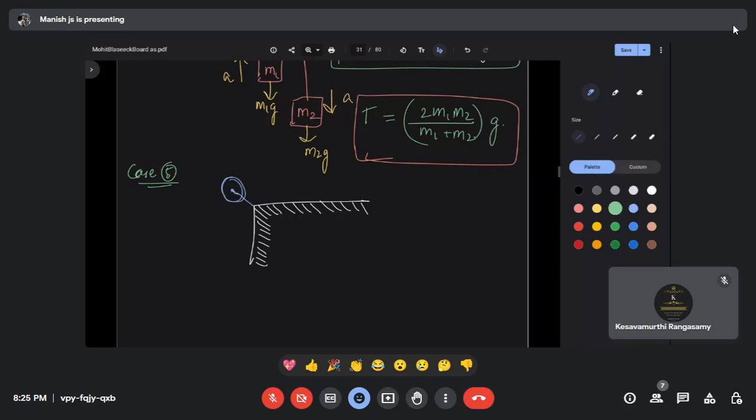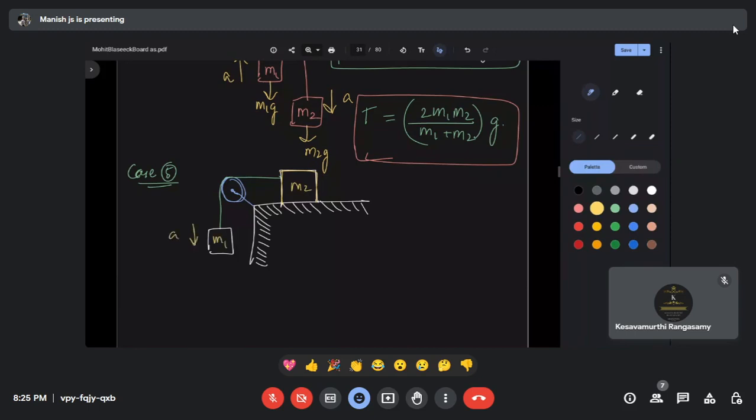And there are blocks. There is a rope also which goes. One block is suspended like this, and the other block is kept on the surface as shown. So here there is another block. Say this block's mass is M2 and this block's mass is M1.